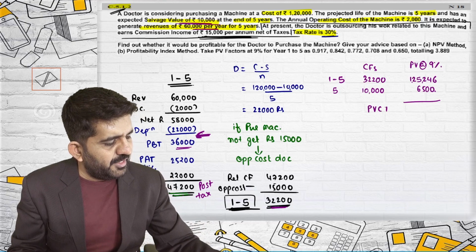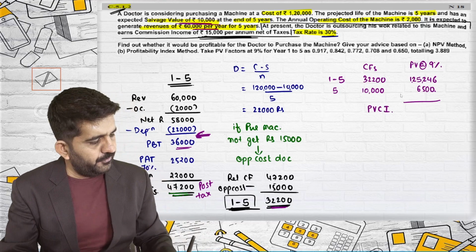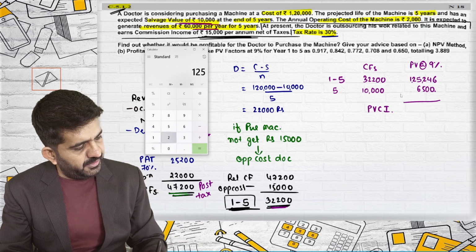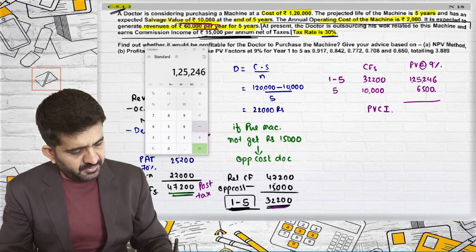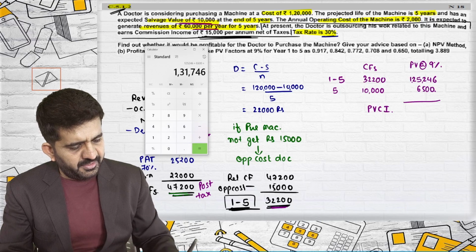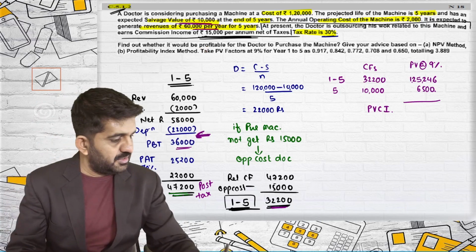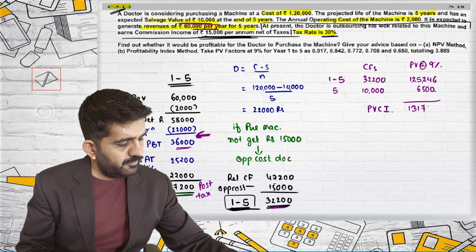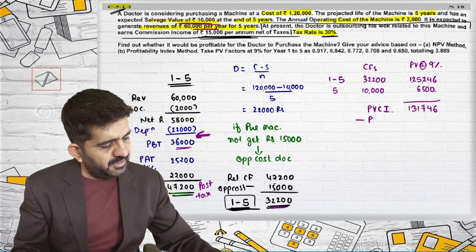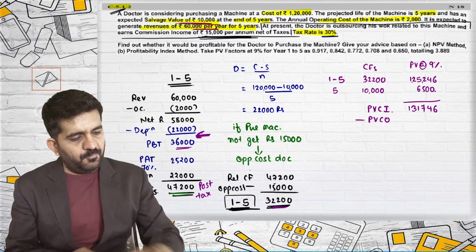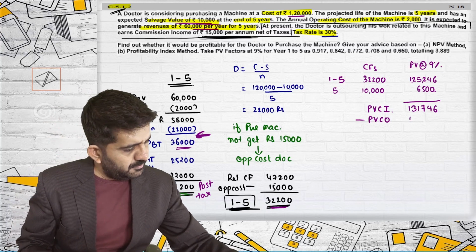This is the present value of cash inflow. 1,25,246 plus 6,500 is 131,746. Minus the present value of cash outflow, 1,20,000.